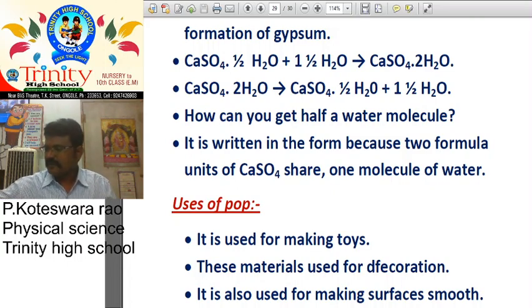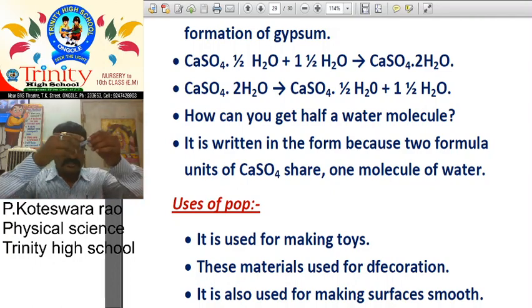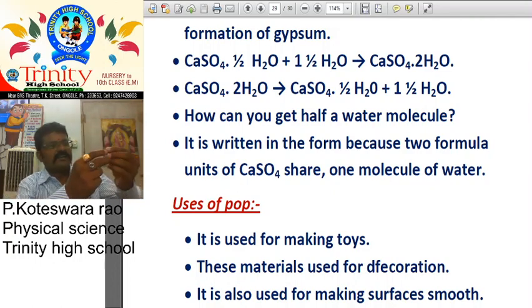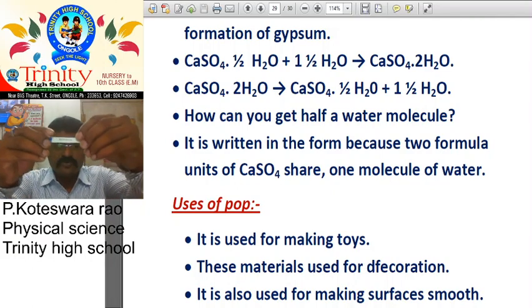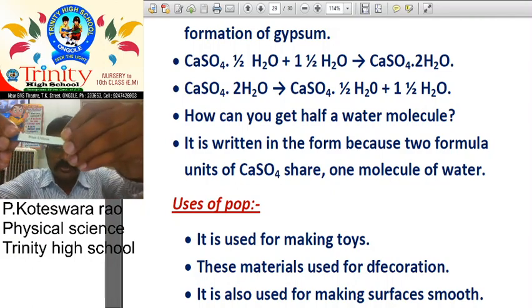Okay. And after that, we want to discuss blue litmus paper. In the starting of our class, we already talked about blue litmus paper. This is the blue litmus paper. Which color is it? Here they wrote blue litmus.